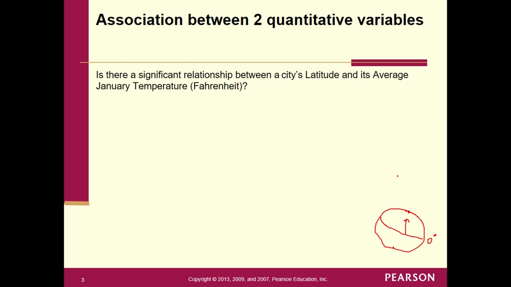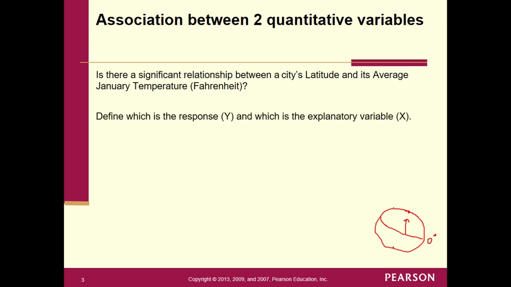That's why I'm asking, is there a significant relationship between these two variables? As one changes, does the other one change along with it? My final thought on latitude is just remember it's a measurement of north to south. All right, let's move on.